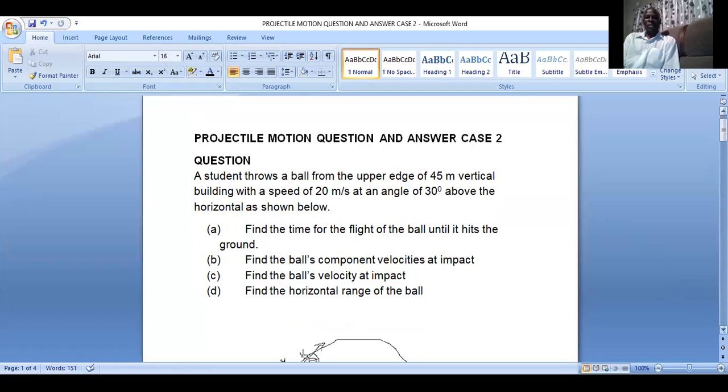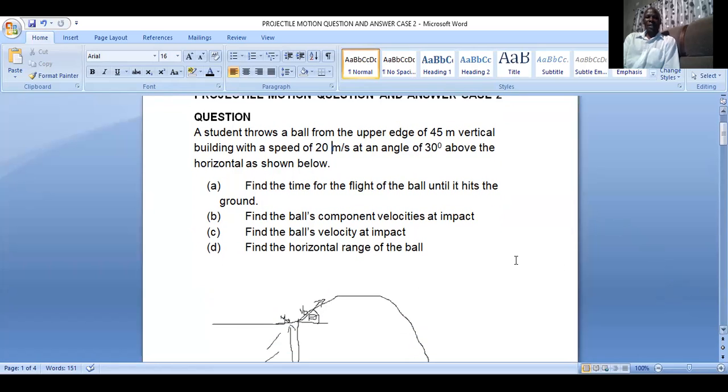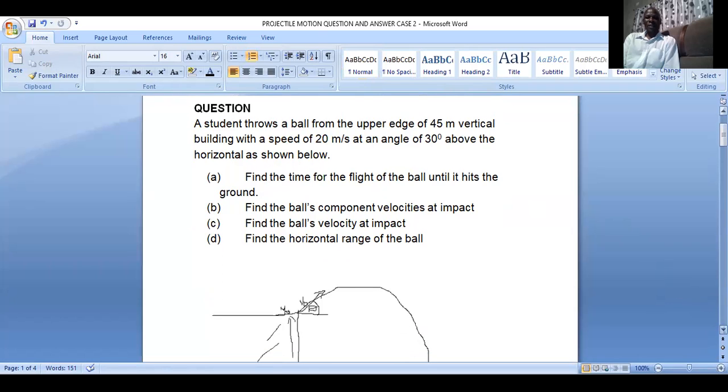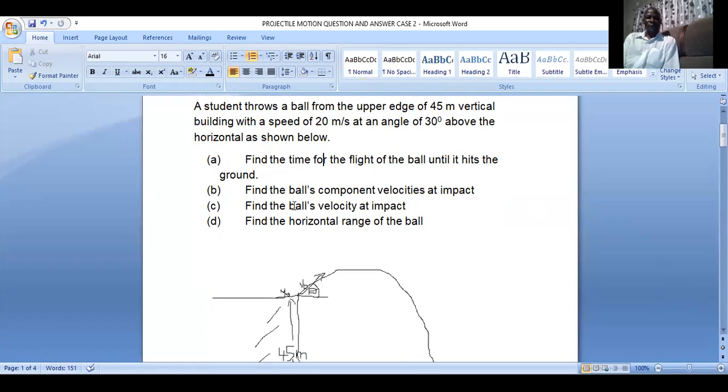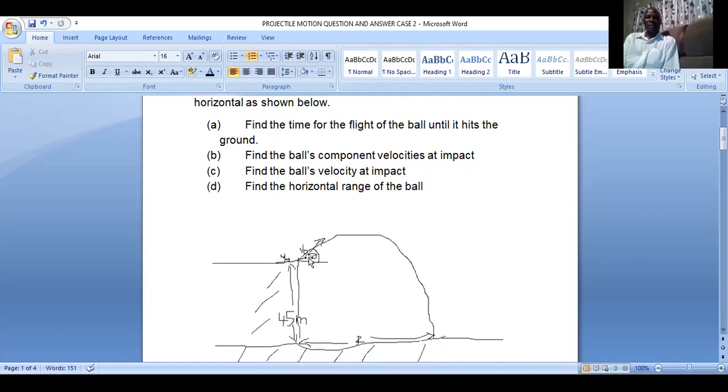In this question, we're going to look at a few aspects which we have discussed before, but the launch of the projectile is different from the previous one. So we're going to answer question A, which is: find the time of flight of the ball until it hits the ground. So find the time it takes from this point here until the ball actually reaches the ground.